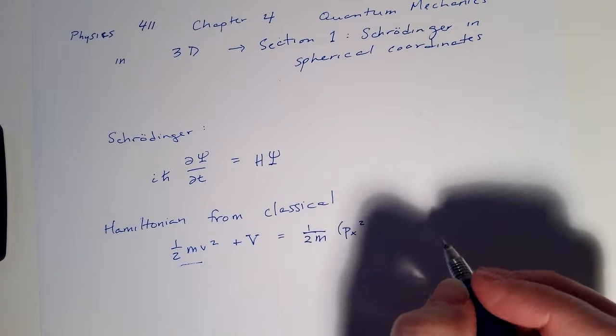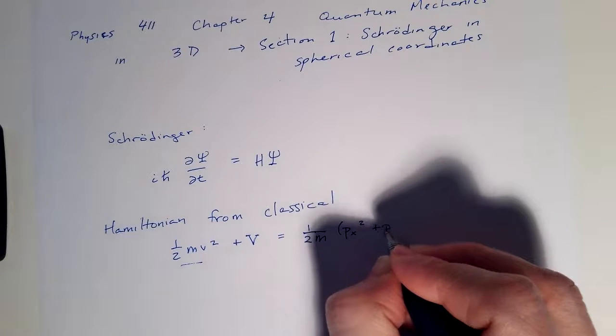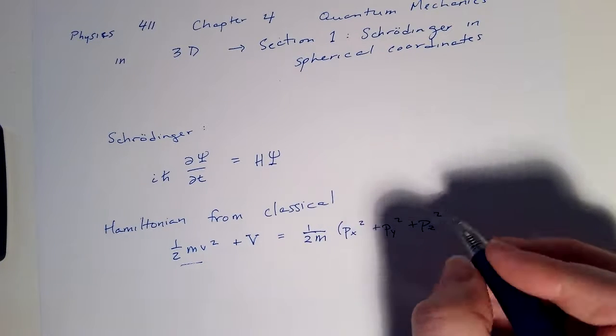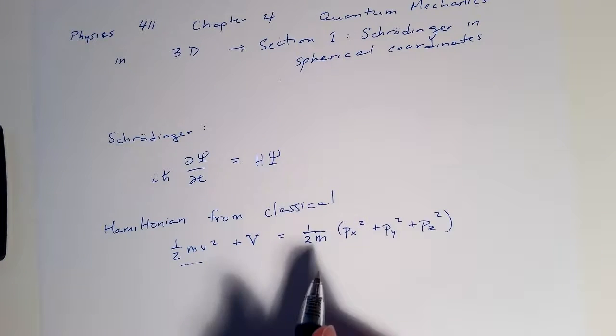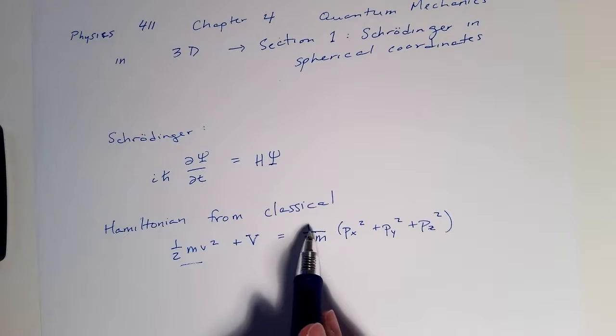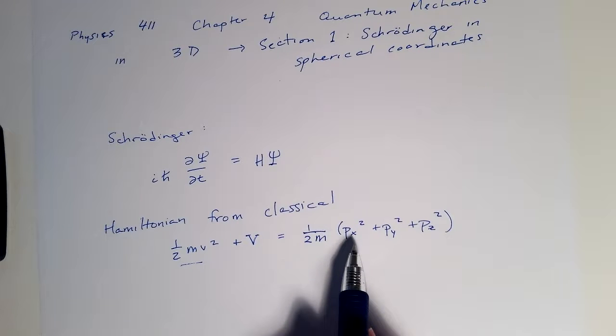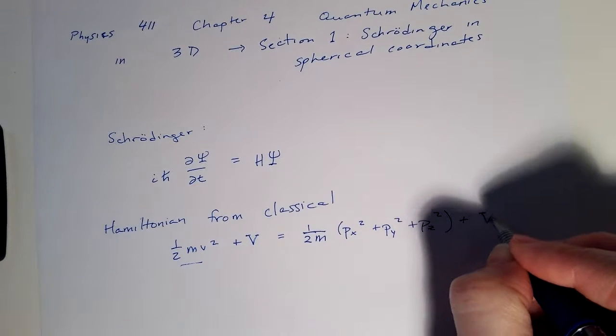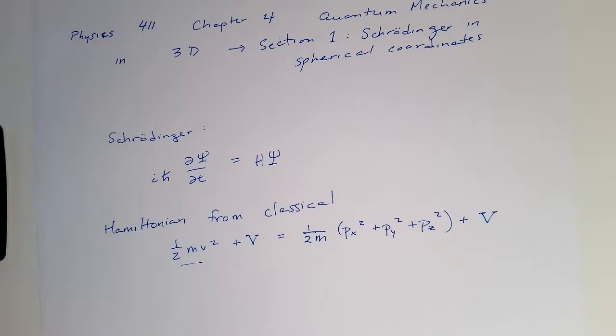So we're going to have a momentum in each direction, the x, the y, and the z direction with Cartesian. And then instead of 1/2 mv squared, we're going to have 1/2m times our momentum squared. That's going to be the same statement. And then, of course, whatever potential energy we have going on. So those p's are our momentum functions.